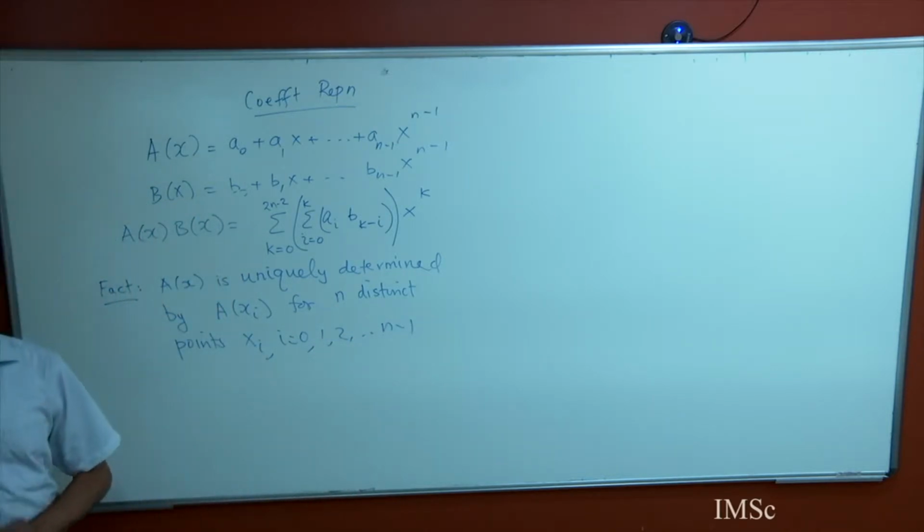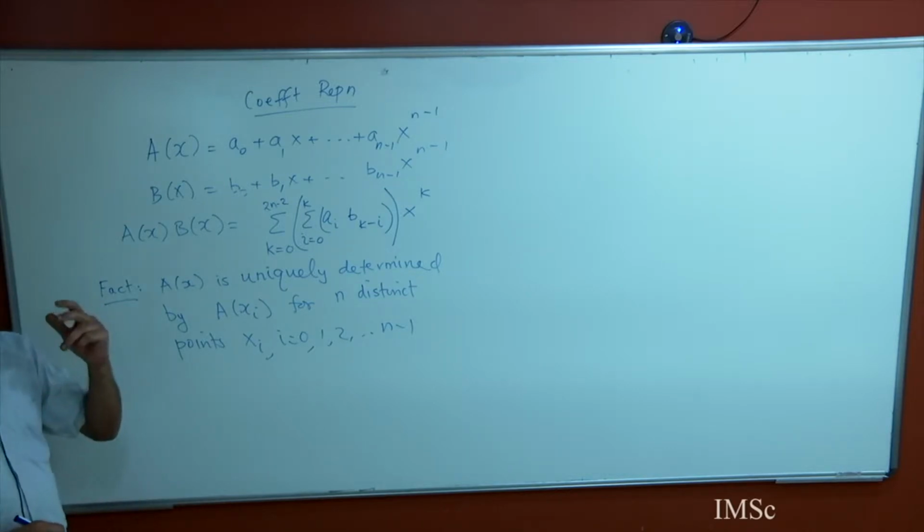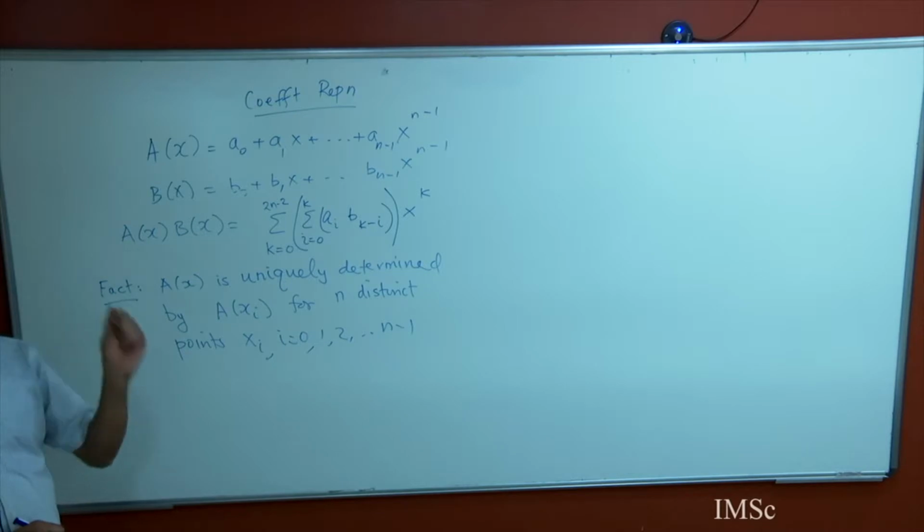So, if you tell me the value of the polynomial on n distinct points, it's the same as saying 2 points determine a line, right.